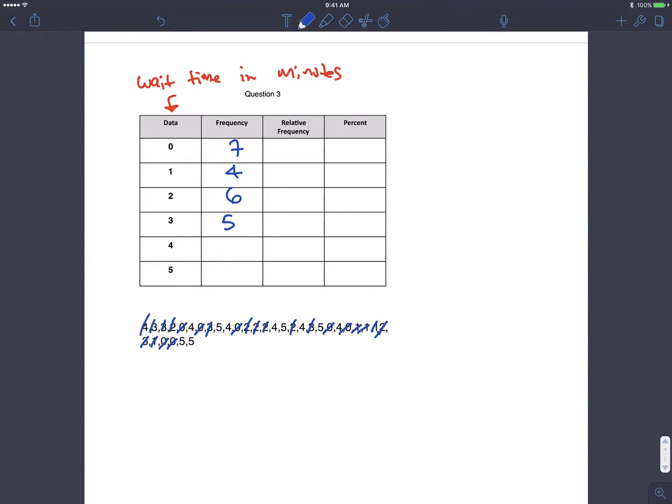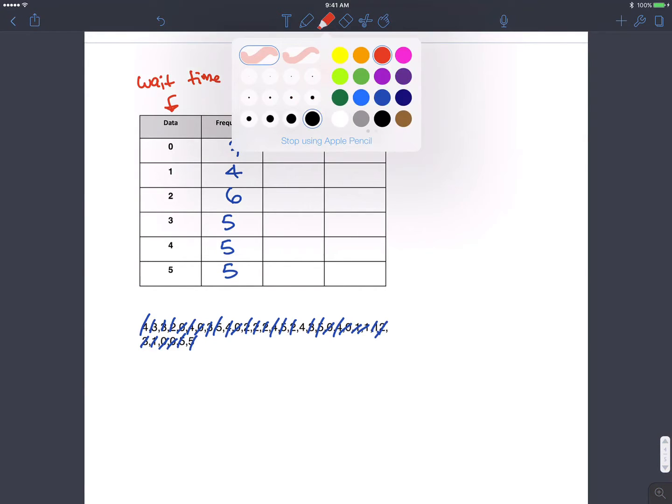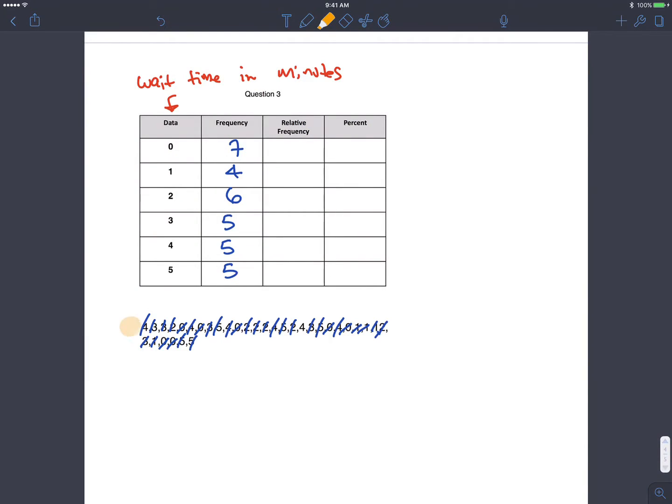How many fours? 1, 2, 3, 4, 5 fours. And how many fives? 1, 2, 3, 4, and 5. 5 fives. If we scroll through again, every single data value is accounted for and is in my table.